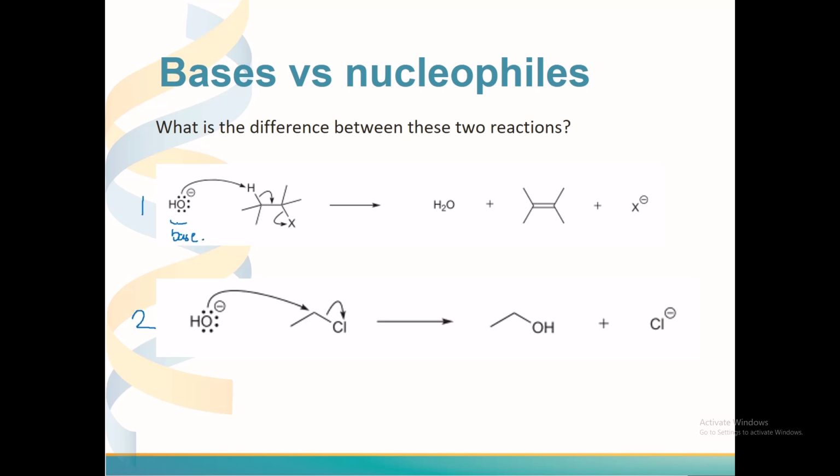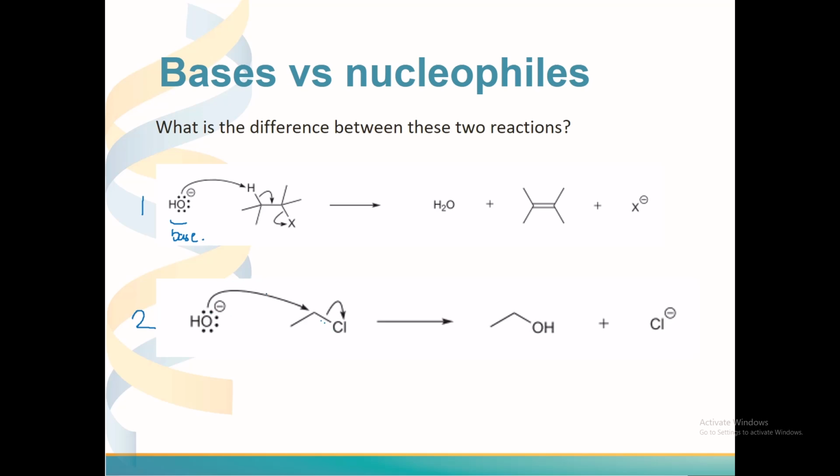So when the molecule is attacking a proton, then it is called a base. However, when the molecule is attacking something else other than a proton, as you can see here in reaction number 2, this is attacking the carbon, as a result of this electron pair being attracted to the chlorine.